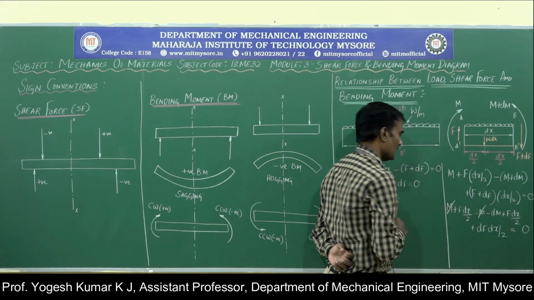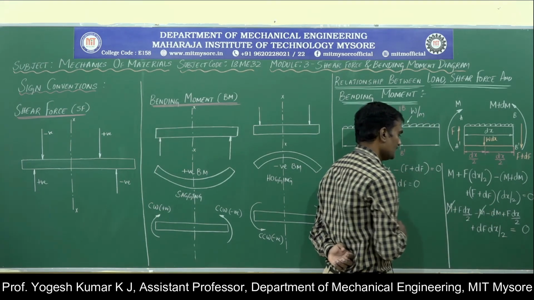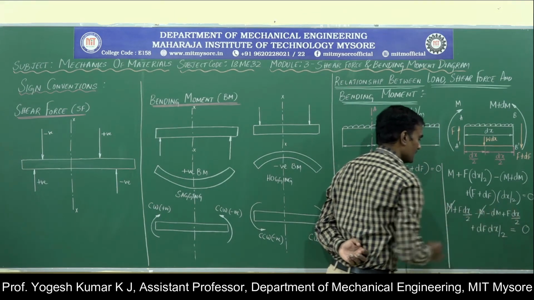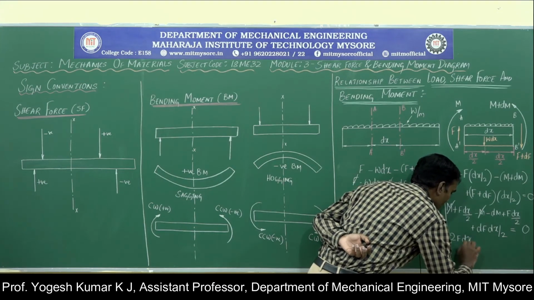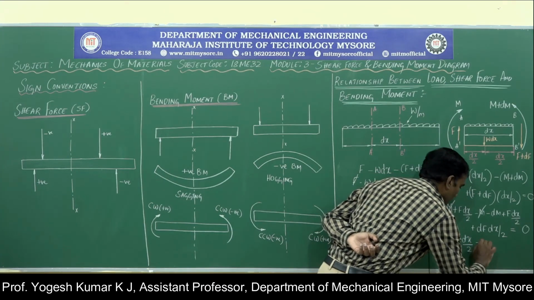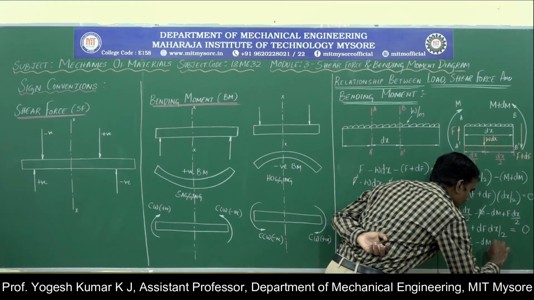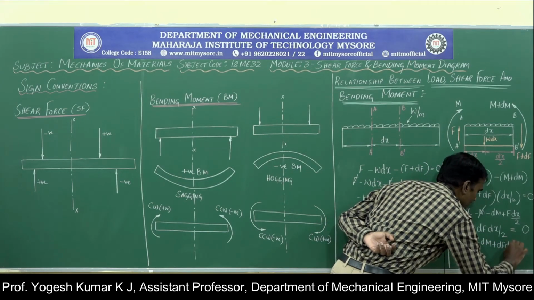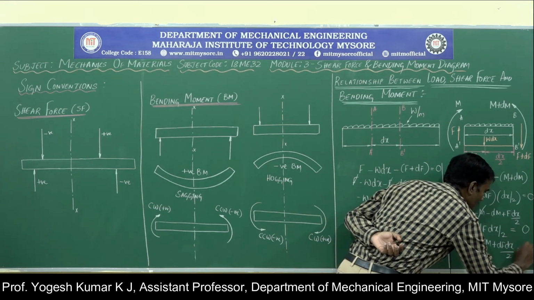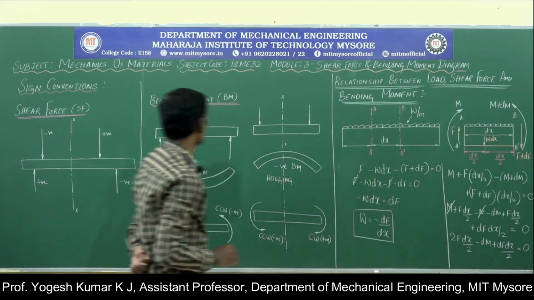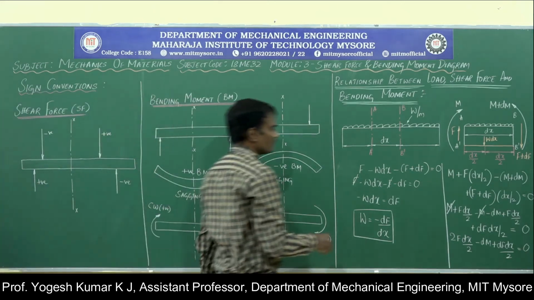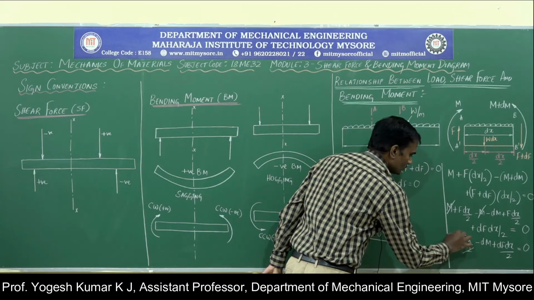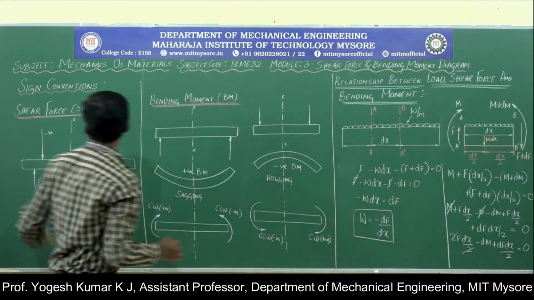M gets cancelled, right? F dx by 2 plus F dx by 2, we will get that as 2F dx by 2, minus dM plus dF dx by 2 equals 0. So again we can eliminate a few terms over here. Can we cancel 2 and 2? Yes.